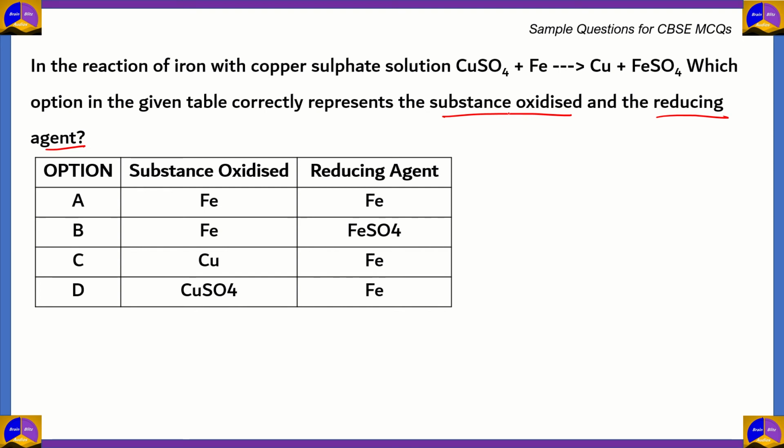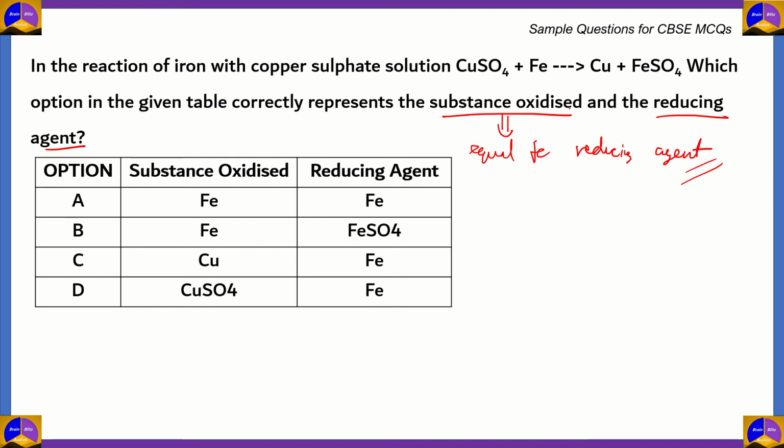The crazy thing here is that the substance oxidized is the same thing as the reducing agent. The definition of the reducing agent is any reactant which oxidizes itself so as to make the other reactant reduce.